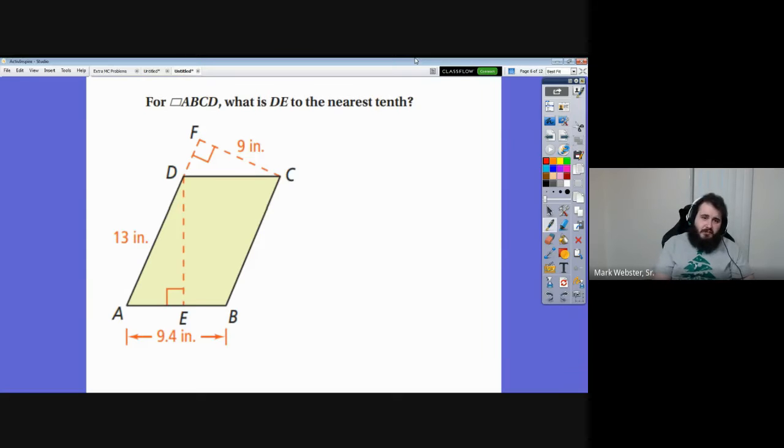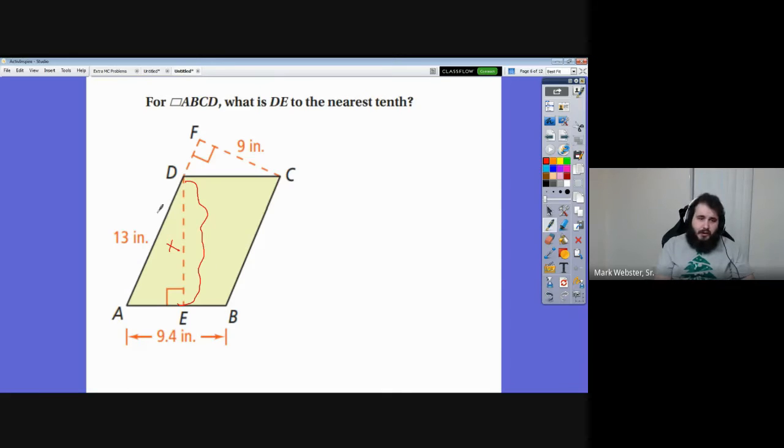So now, notice what they're asking about is DE, this height right here, yeah? This thing. Well, in order to do this problem, we're going to need to know the area. Well, how am I going to be able to know the area if the base and the height, I don't have them both?